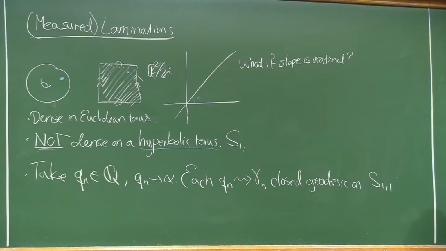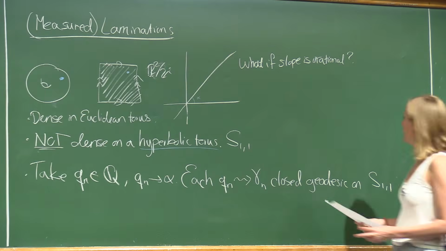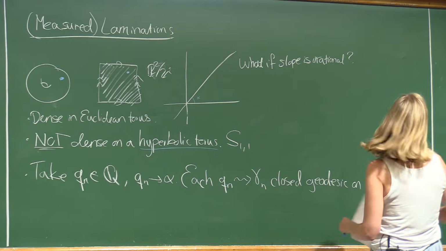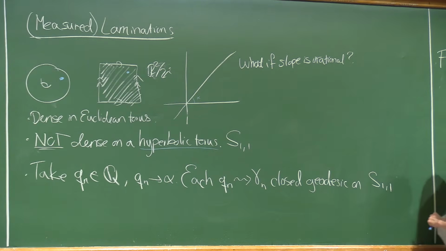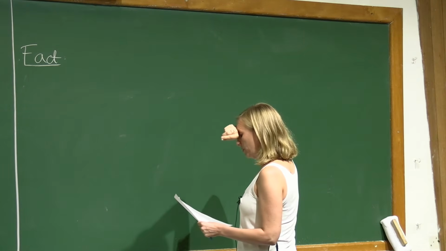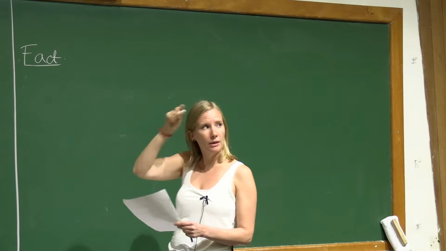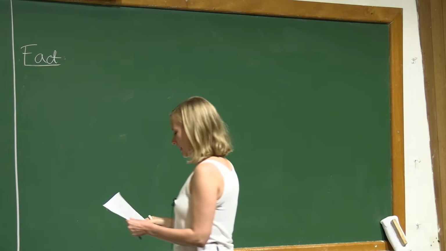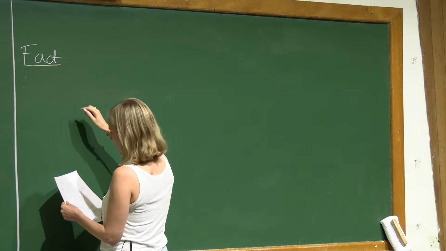And let's look at what these look like. It's a general fact in hyperbolic geometry. I think for those of you that followed the pre-mini course, this was covered there, but I'm going to draw some pictures of why this is true.